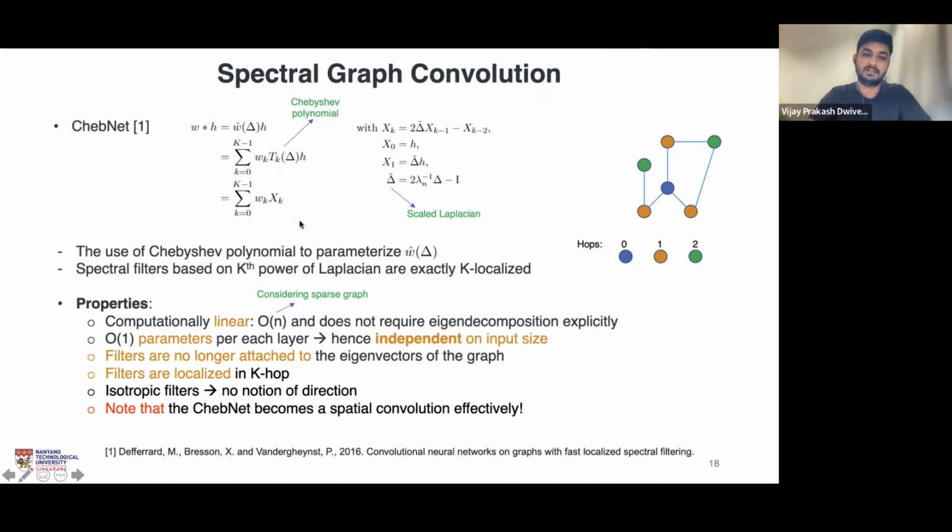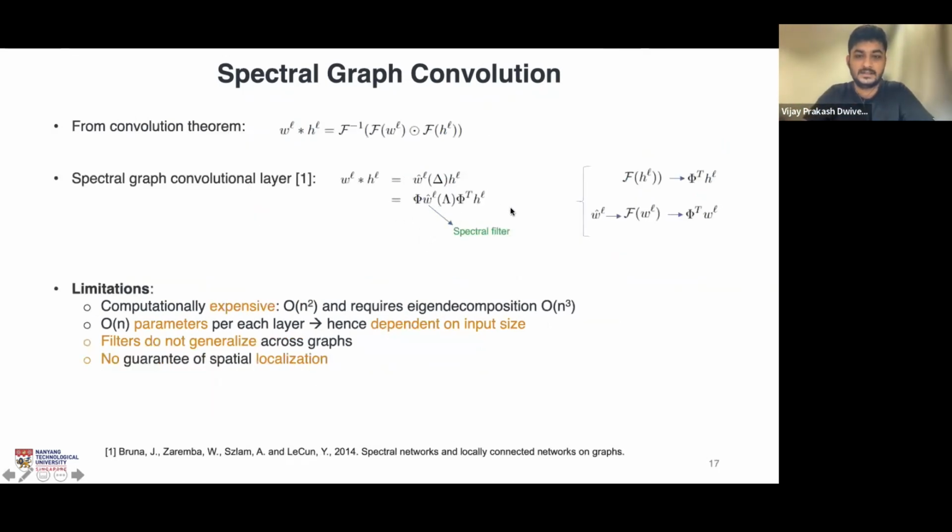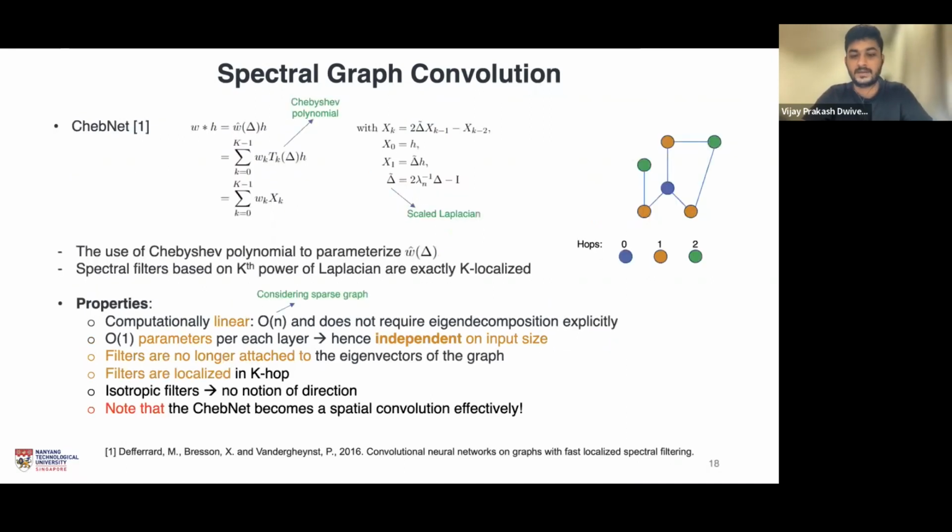Spatial in this respect, because we are no longer doing the computation in the spectral domain, as was done in the previous part, where the convolution was done in the spectral domain and then multiplied again with the eigenvector matrix to get it back to the spatial domain. So we're not doing that kind of operation here, and we have a spatial convolution. This ChebNet gets rid of certain limitations and becomes a very nice model that performs graph convolution in the spatial domain.